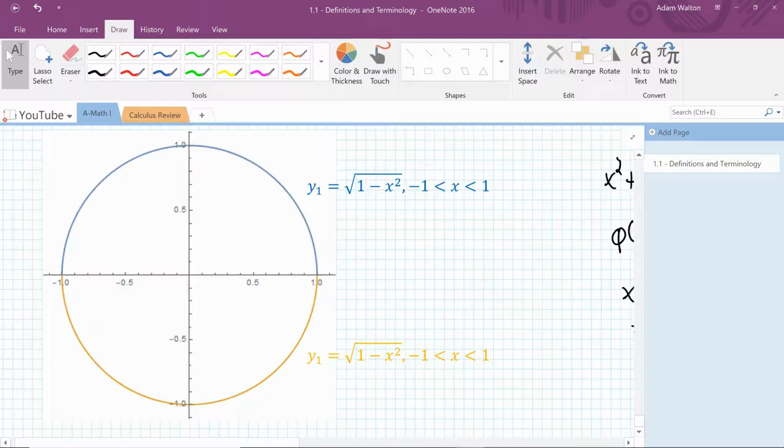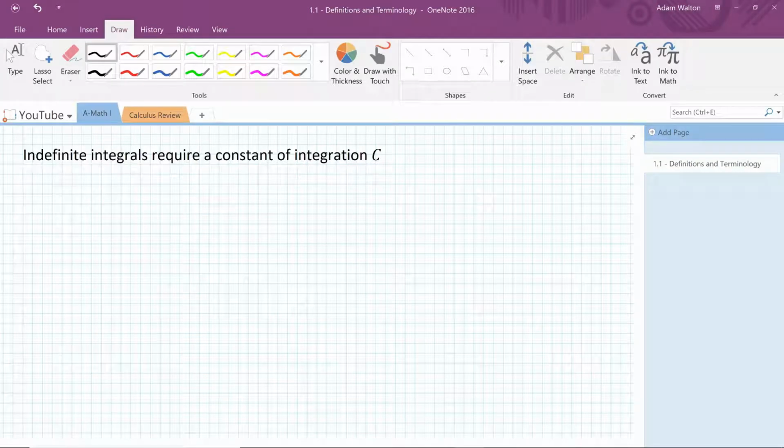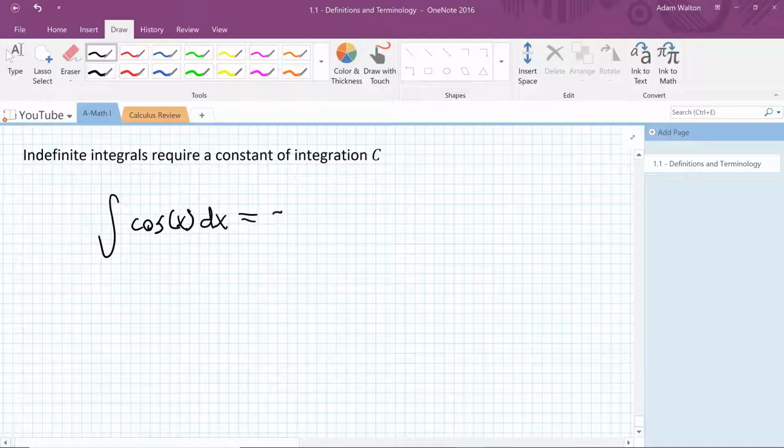Alright? Now let's consider what a family of solutions to a differential equation is. Let's think back to calculus, primarily calculus 2, with integration. When we're dealing with indefinite integrals, they require a constant of integration, c. So the integral of cosine x dx is equal to sine of x plus c.